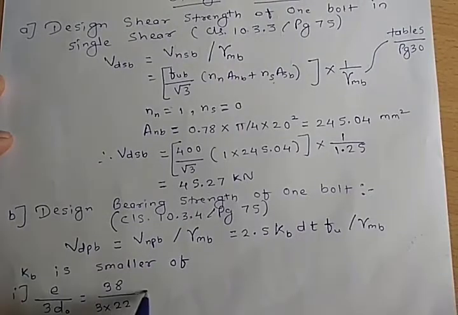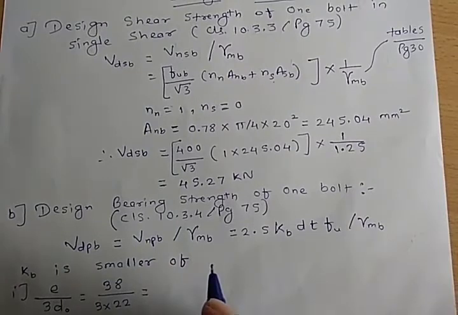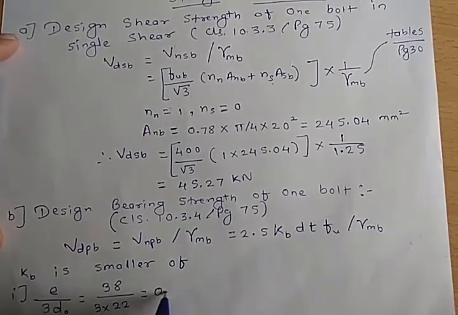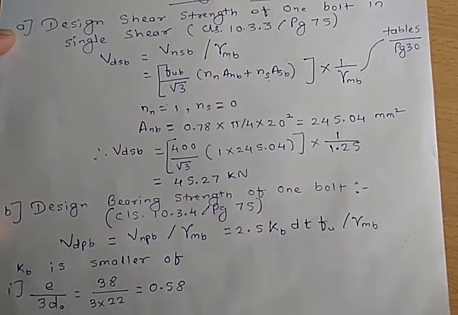Once we put in all the values and solve, we get around 0.58. So that's the first parameter.